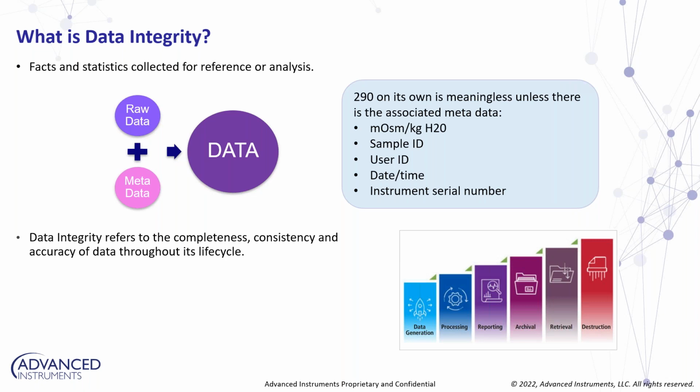And then in addition, data integrity is a layer that refers to the completeness, the consistency, and the accuracy of the data, but really throughout the entire life cycle. So you generate the data, now you're going to process it, you're going to report it to your manager, you maybe even approve it and then archive it for a few years, and then you're in an audit and you need to retrieve that data, and you have to make sure that data is still valid, and after it's reached its archival period, you then destroy it maybe.